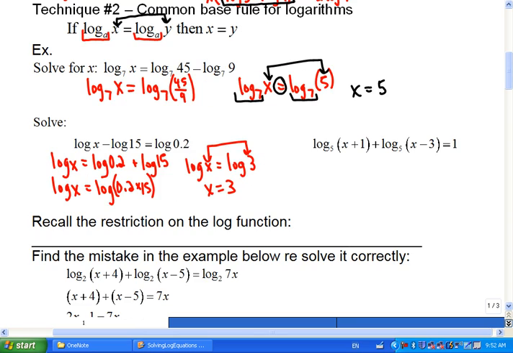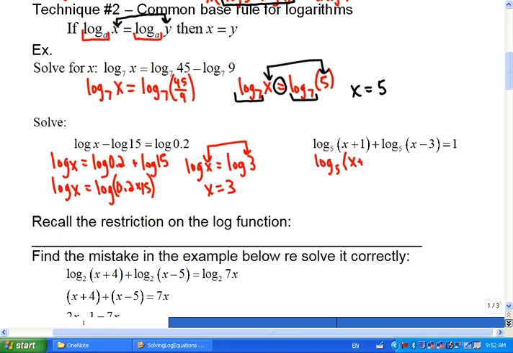Okay, another situation that we might encounter, maybe one more creative step to work with here. This time, I don't have just the one logarithm. What I could do is move these together.